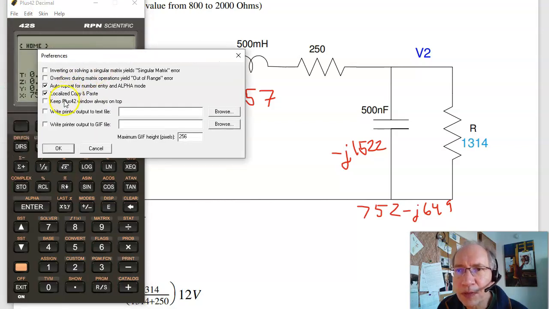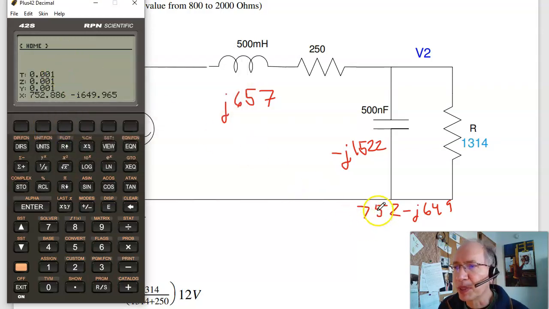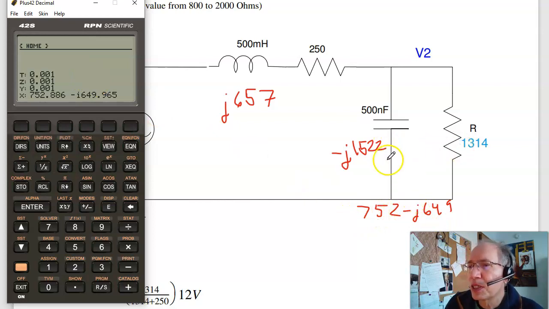Change my preference. Keep on top. Okay, keep it from going away from me. Okay, anyway, so there's these two in parallel.